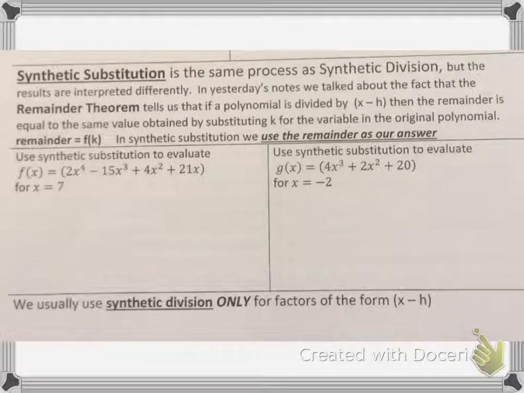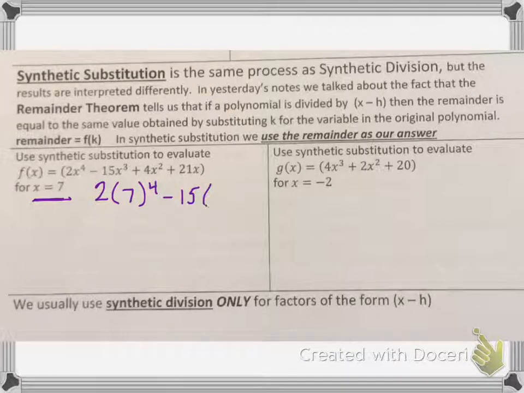So, synthetic substitution is actually very simple. The alternate would be something called direct substitution. For example, in this first problem, where it says f of x equals 2x to the fourth minus 15x cubed plus 4x squared plus 21x, if I wanted to solve that for x equals 7, for direct substitution I could just plug in the 7.